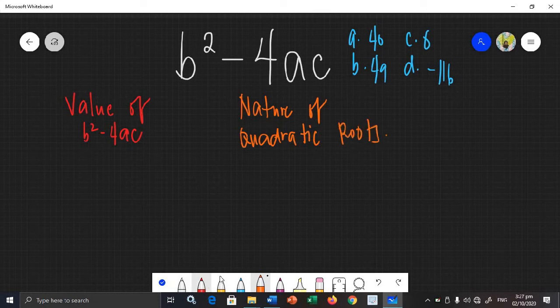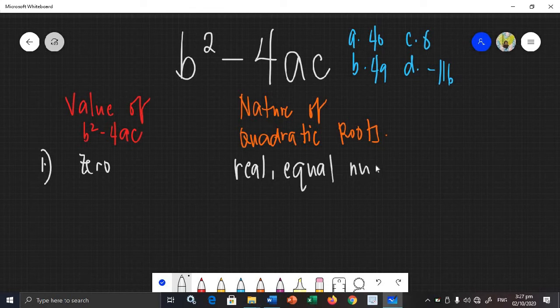Ayan. If the value of the discriminant that we computed is equal to 0, sabi, the nature of the roots are real and equal number.